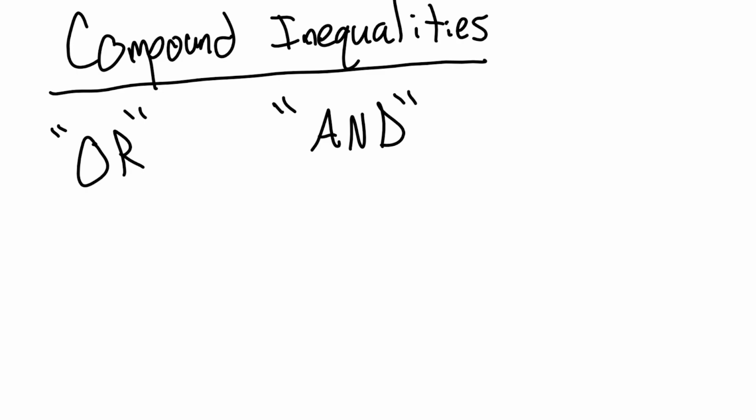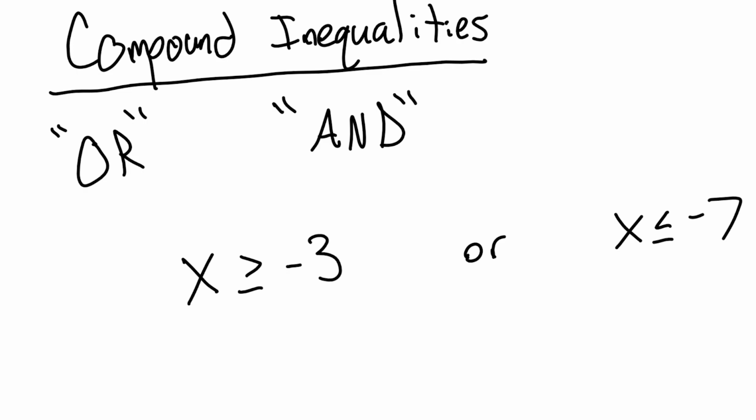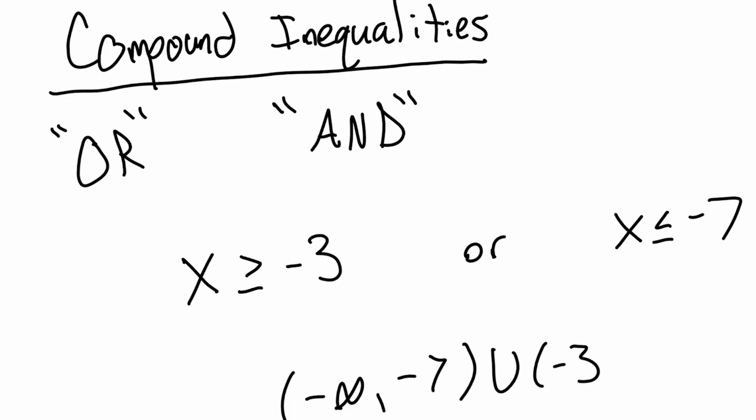So we'll first focus on the "or" compound inequalities. This might be something where we say that maybe x is greater than or equal to -3, or x is less than or equal to -7. If we were going to write this in interval notation, it would look like this: -∞ to -7, union -3 to infinity.